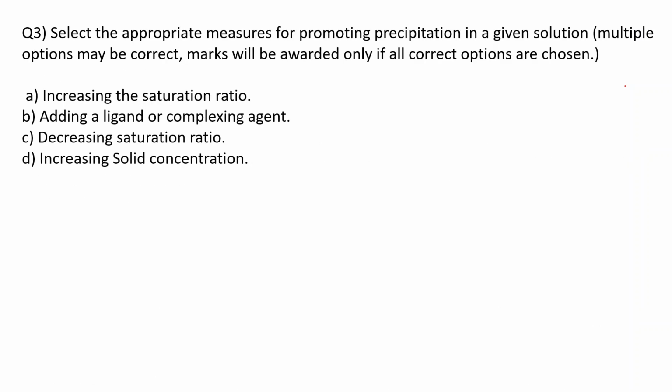So question number 3 is: select the appropriate measure for promoting precipitation. We are trying to promote precipitation, that is, to increase the insolubility of a compound. So here multiple options will be correct. Increasing the saturation ratio, adding a ligand or complexing agent, decreasing the saturation ratio, or increasing solid concentration.